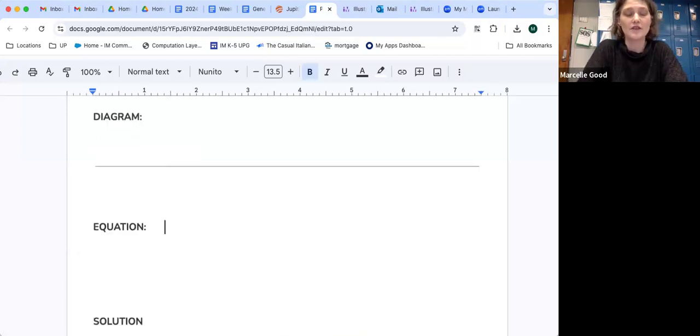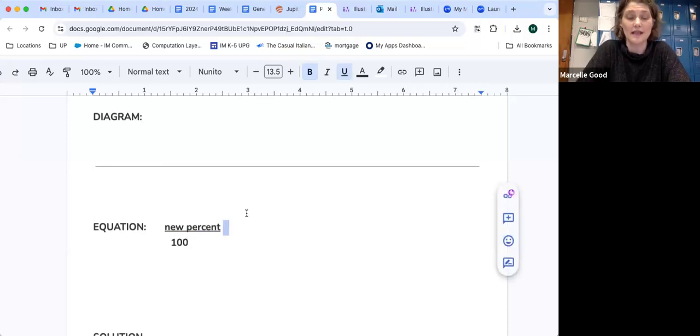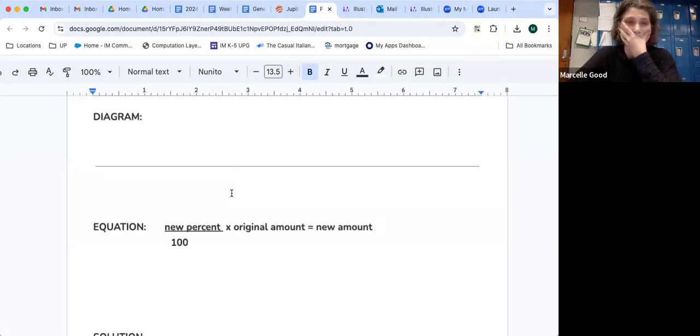The structure of the equations is the new percent divided by 100. And the goal here is really just we're changing the percent to a decimal, times the original amount is going to give us the new amount.